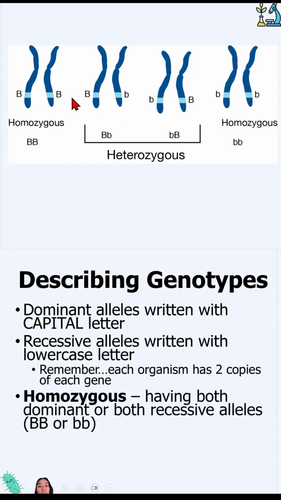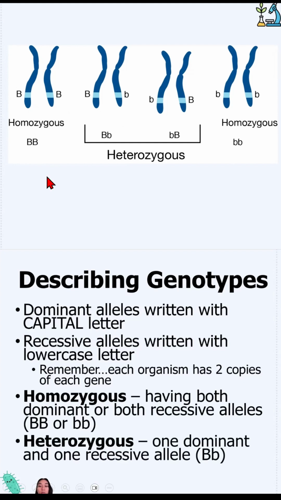And each person is either going to be capital B, that's going to be designated as homozygous dominant, or lowercase b, that's homozygous recessive. And so the folks who have 2 copies of the same version are going to be considered homozygous, whereas the individuals who are heterozygous are going to have 1 copy of the dominant and 1 copy of the recessive allele. And so typically you're going to be written as capital B, lowercase b, or vice versa.